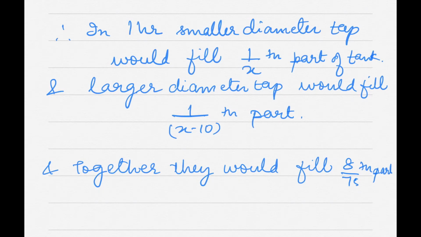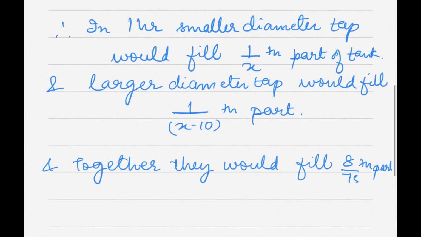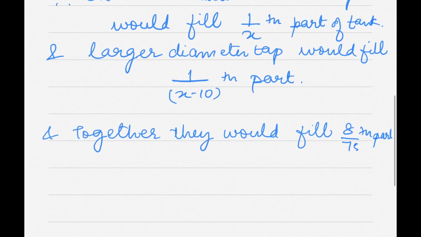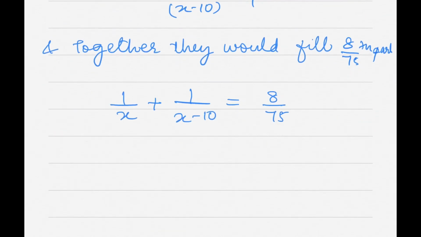So now I can compare. In 1 hour, my tap with a smaller diameter will fill 1/x part, and the larger diameter would fill 1/x minus 10th part, and that is equal to 8/75, right? So I have got this comparison.